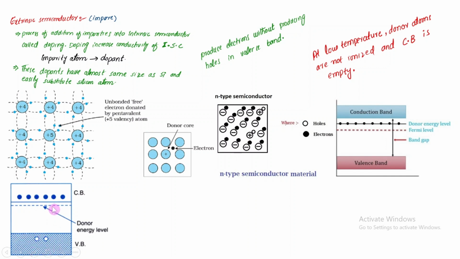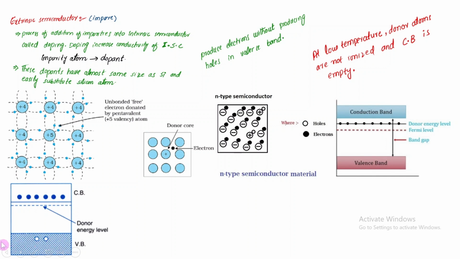So therefore, the electrons in the n-type material are called the majority charge carriers, and the holes are called the minority charge carriers. The holes are less in number.